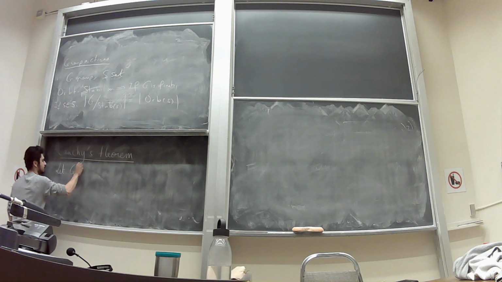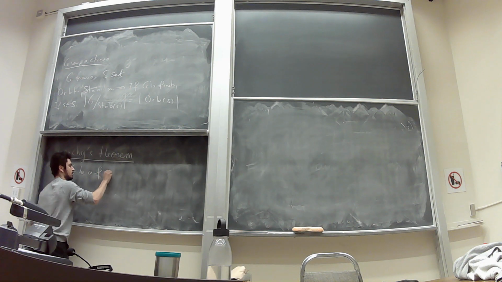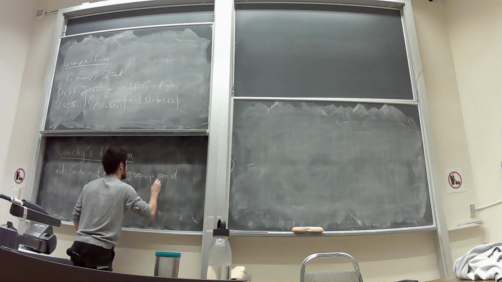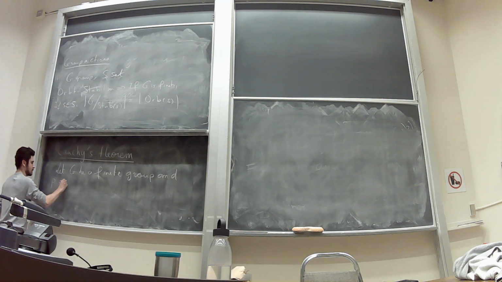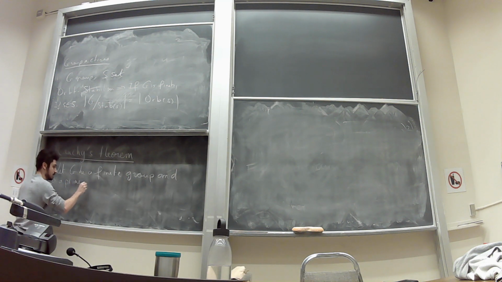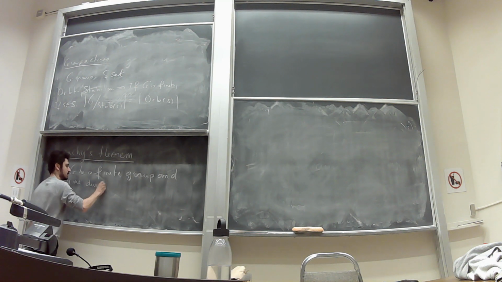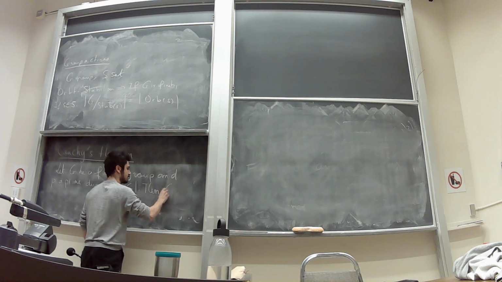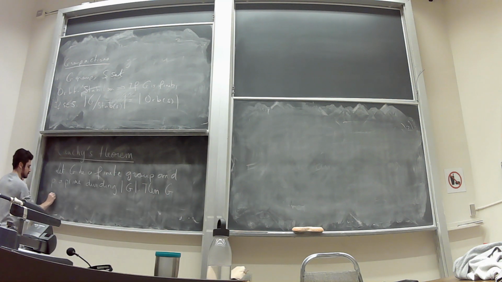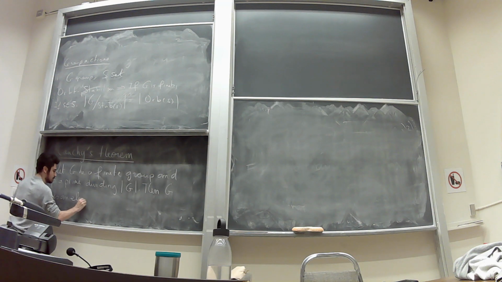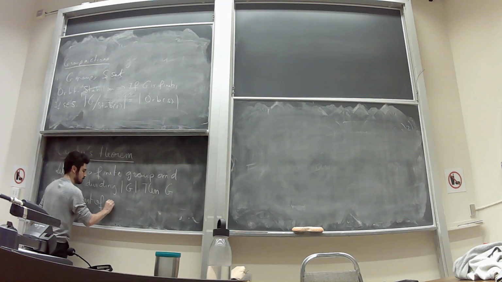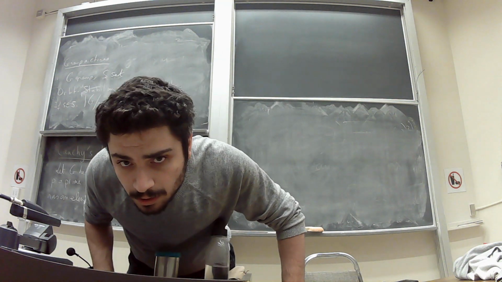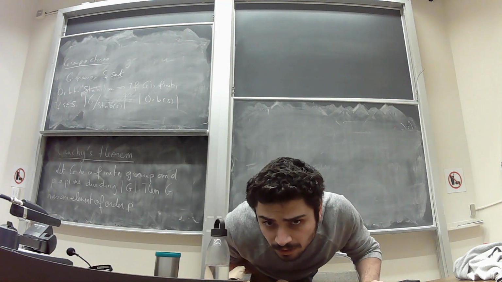Let G be a finite group and p a prime dividing the cardinality of G. Then G has an element of order p. So double check this is good.